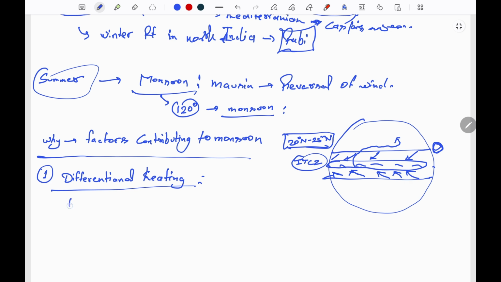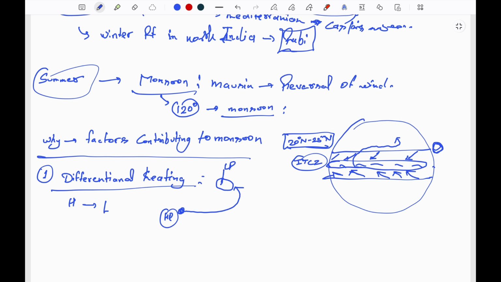We know that the wind moves from high pressure to low pressure. So in the summer season, the land is heated more and it acts as a low pressure area. And this Indian Ocean region and the region around the equator act as a high pressure area. So the wind blows from sea to land.